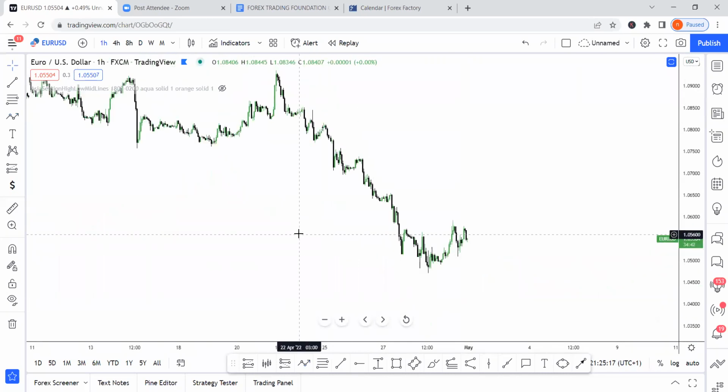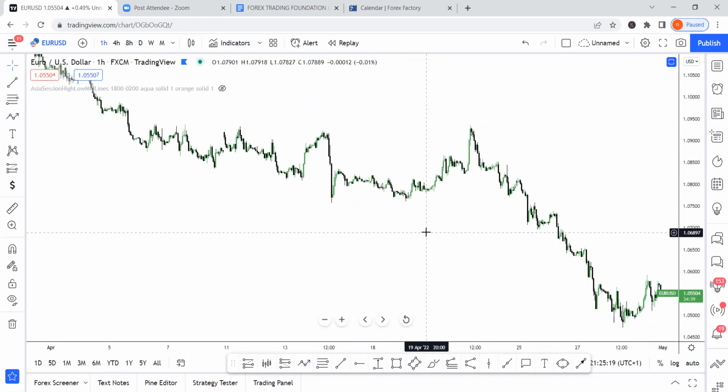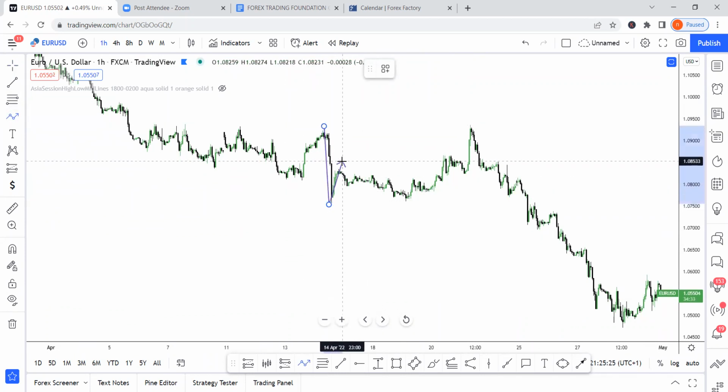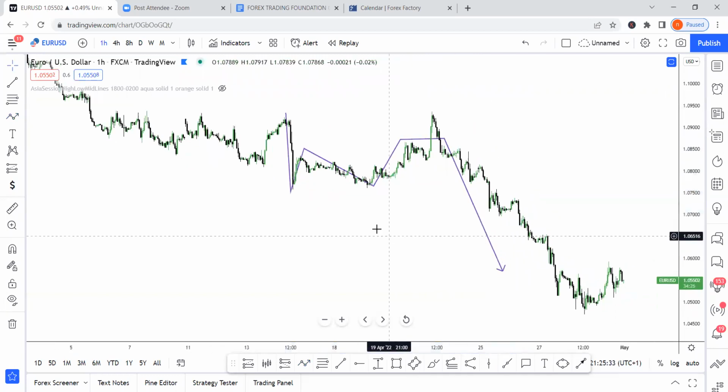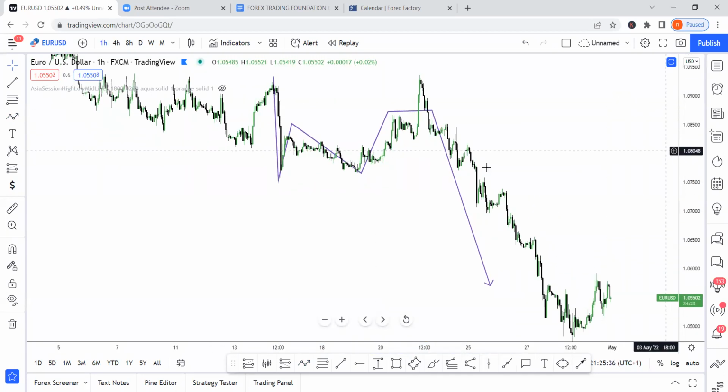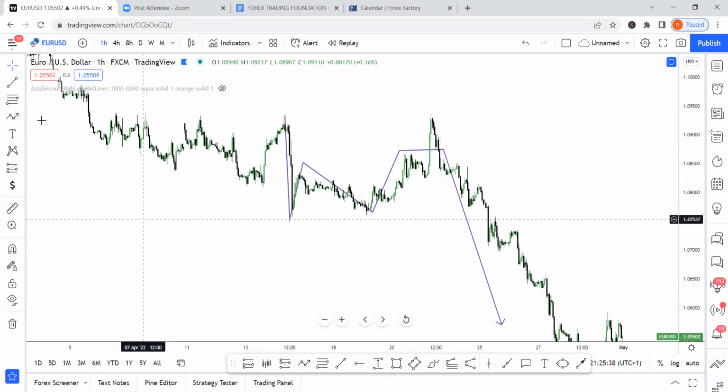Now, look here. The market dropped down. This is a corrective structure. But you see here, remember what I told you. Maybe those that have been trading will understand this better, but just wait, it's not difficult.